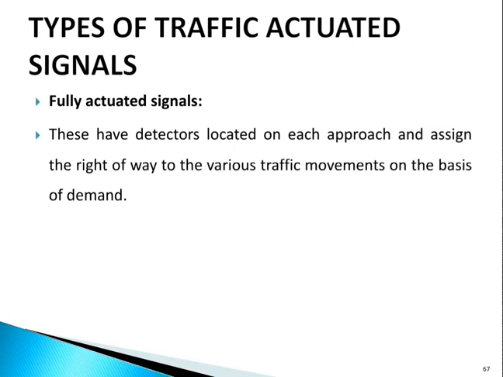Next are the types of traffic actuated signals. So the first one is fully actuated signals. These have detectors located on each approach and assign the right of way to the various traffic movements on the basis of demand.